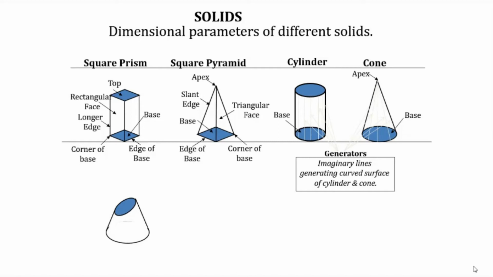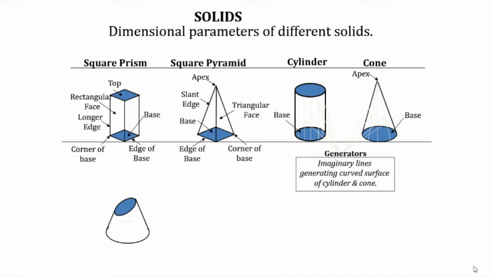There are some solids in which the axis is not perpendicular to the base. In all these cases that we have seen, the axis of the solid is always perpendicular to the base or the top. The axis is the imaginary line which joins the centroids of the top as well as the bottom.